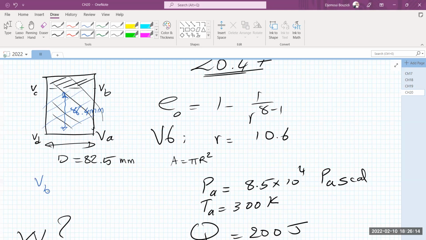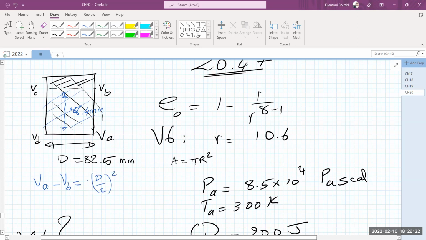Put it in positive values: VA minus VB is (D over 2) squared times pi times the stroke. And we know also that VA over VB is equal to R, which is 10.6.